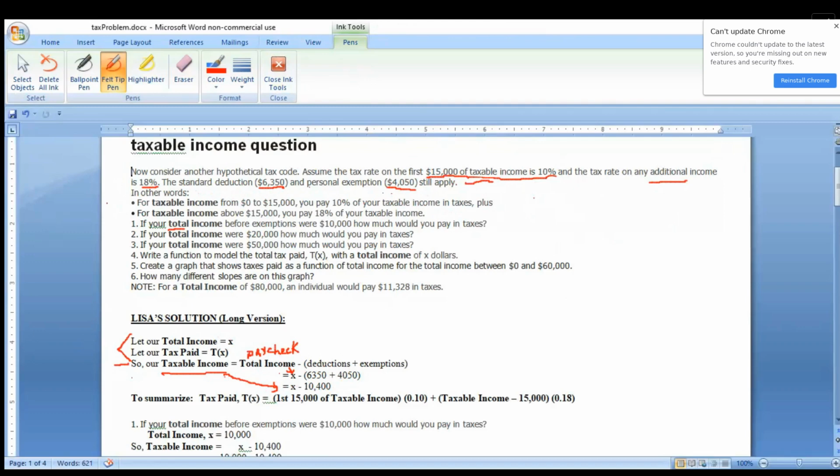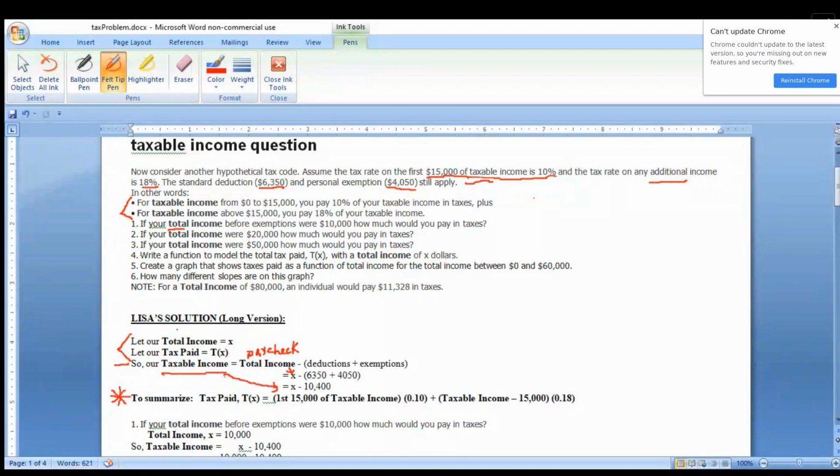Plus, for taxable income above that 15,000, you pay 18% of your taxable income. So we can make a summary type of equation just from those two statements. And I did that down here, but I just want to show you what these two lines mean.